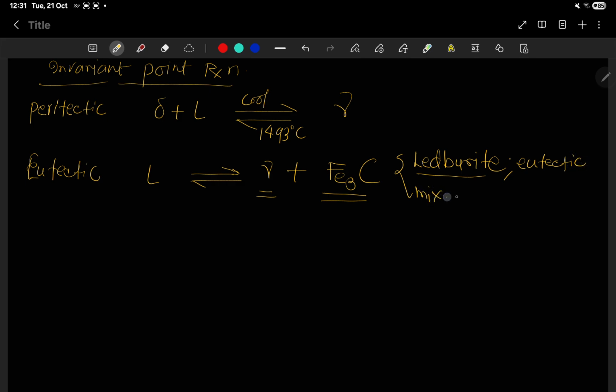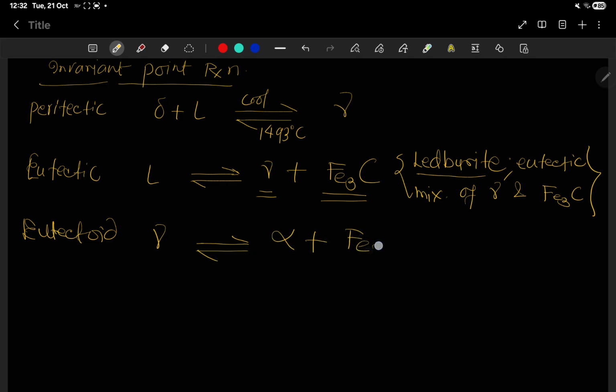Then at the eutectoid point, gamma will convert into alpha plus Fe3C. This will be at 725 degrees Celsius. The eutectic reaction happens at 1150 degrees Celsius.